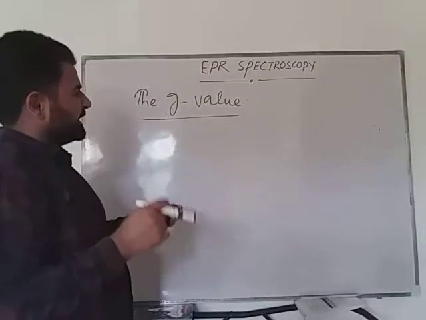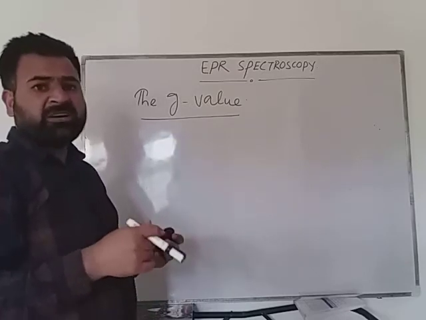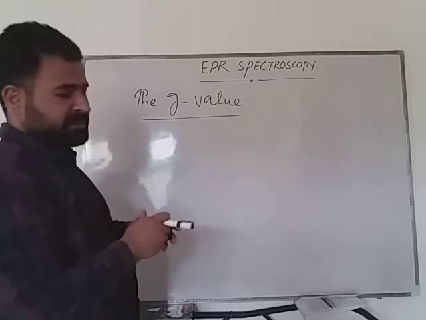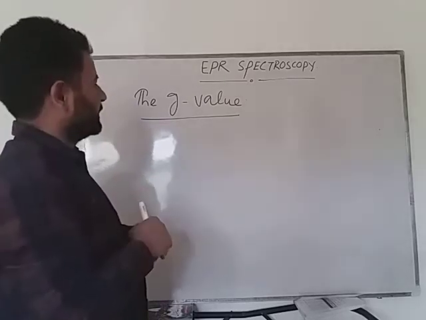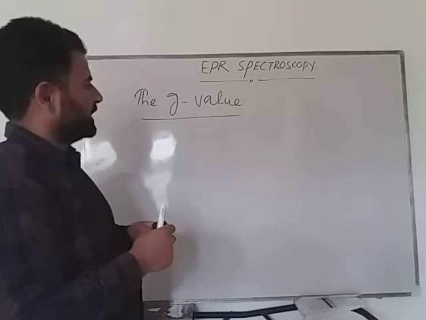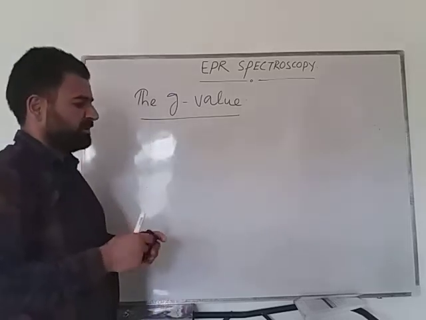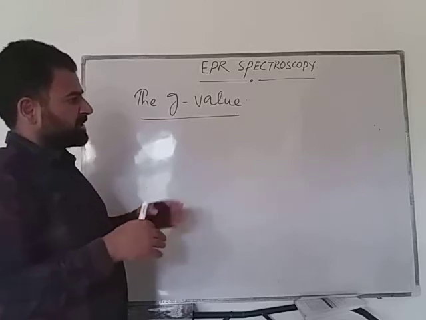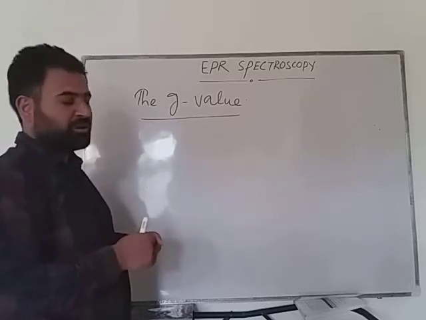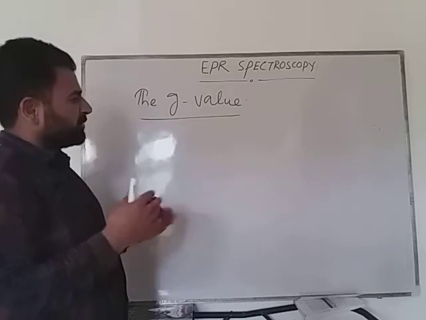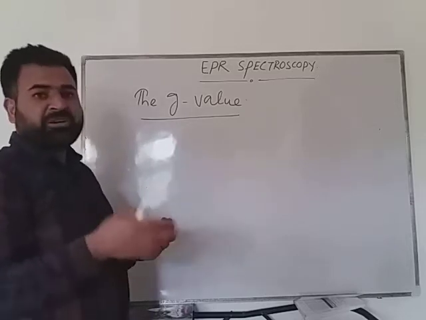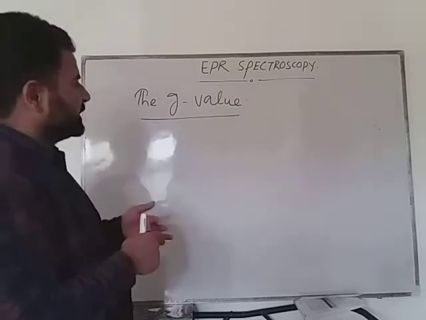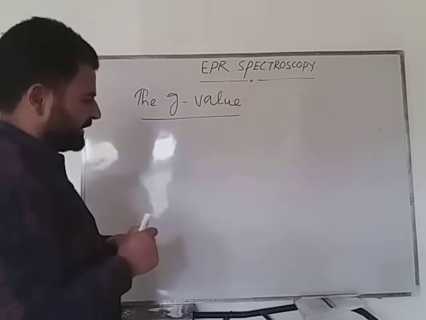The two are related in the sense that both depend on the electron density around the respective spins which we use in NMR and EPR. In NMR spectroscopy, we are concerned about nuclear spin. The electronic environment around that is determined by this shielding constant. Likewise, the electronic environment around the electronic spin in EPR spectroscopy is determined by this G value.